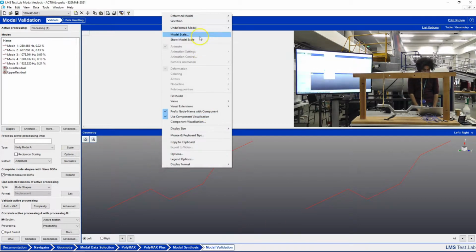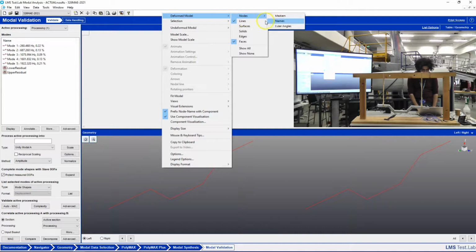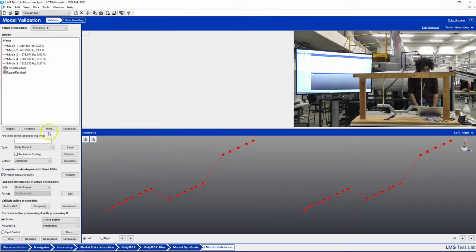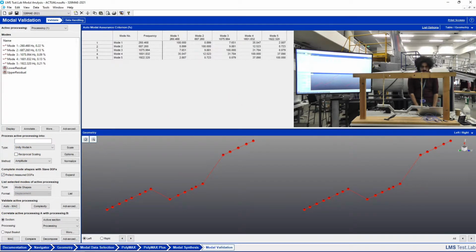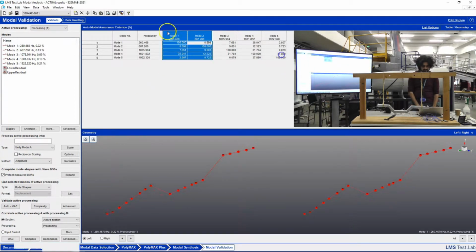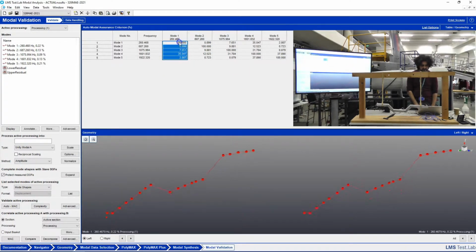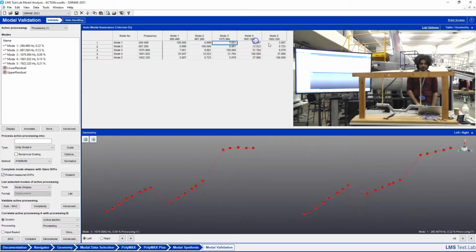And I can show you this by creating what we call an AutoMAC matrix. This is a matrix that compares mode 1 with mode 1, mode 1 with mode 2, mode 1 with mode 3, mode 1 with 4, 1 with 5, and then 2 with 1, 2 with 2, 2 with 3, and so on and so forth.